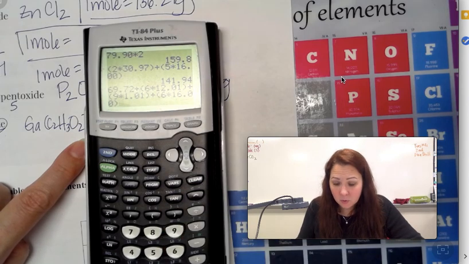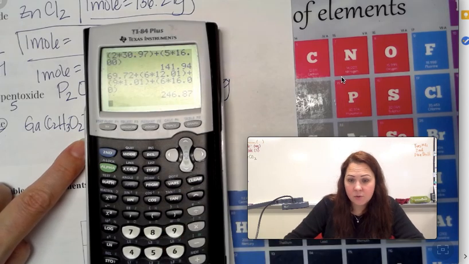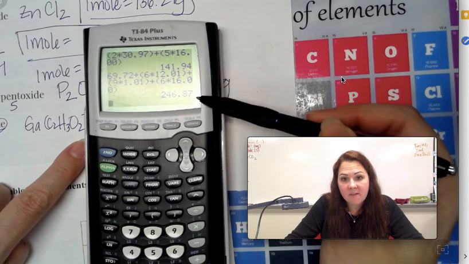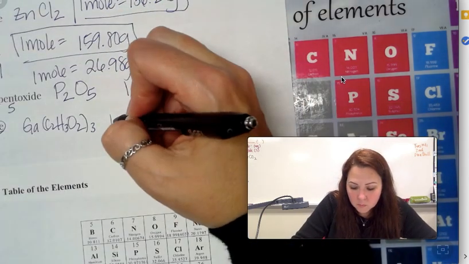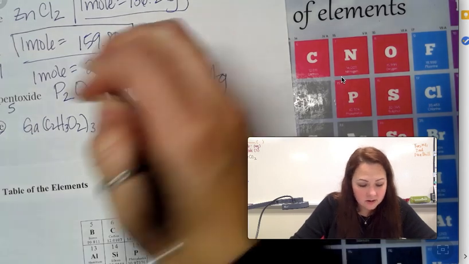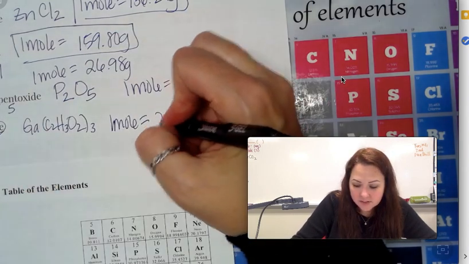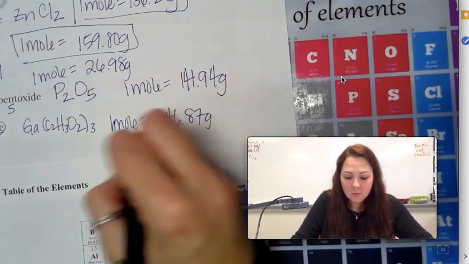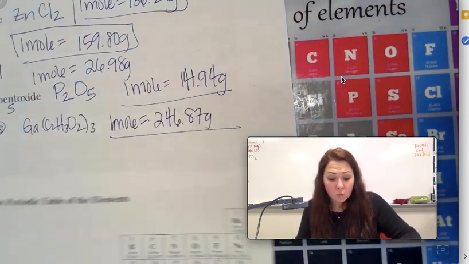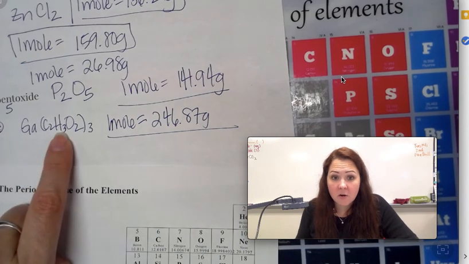And that is my molar mass when I get an answer, which is 246.87. So 1 mole of my gallium acetate has a mass of 246.87 grams.